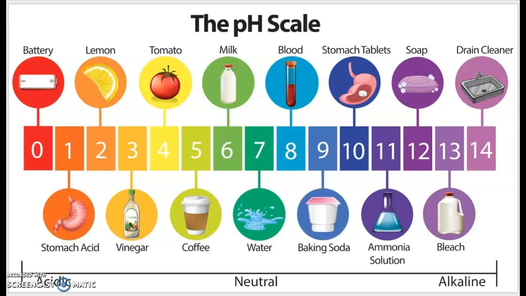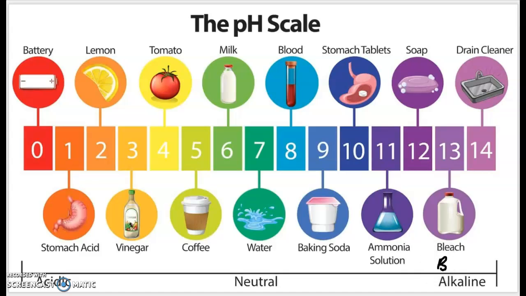On the screen I have the pH scale, and you can see there's a whole bunch of different things that are being shown. So if you have a lemon, you're on the acidic side, or your stomach acid is acidic. And if you're on the basic side, that's like drain cleaner, bleach, soap. Notice how at the bottom it doesn't say basic, it says alkaline.